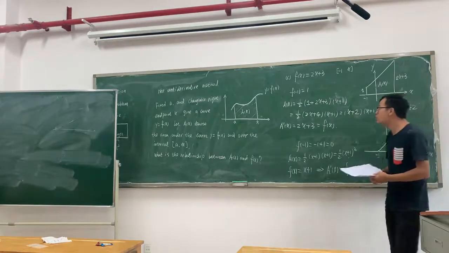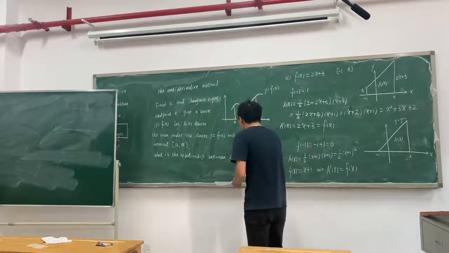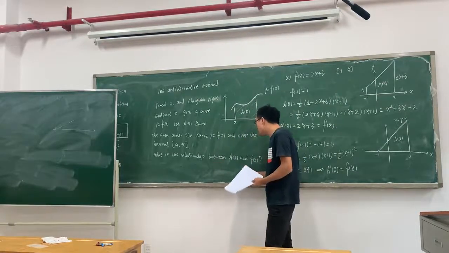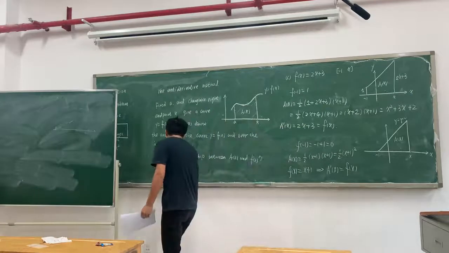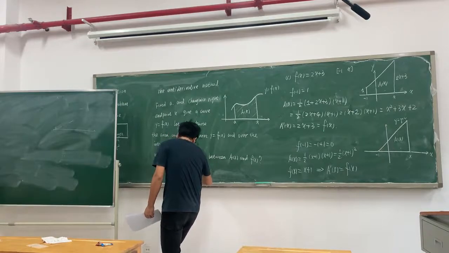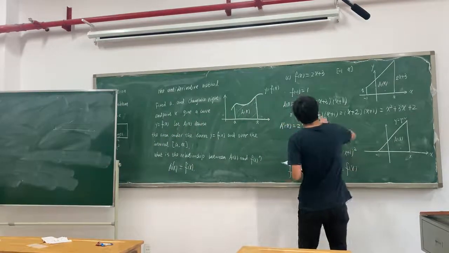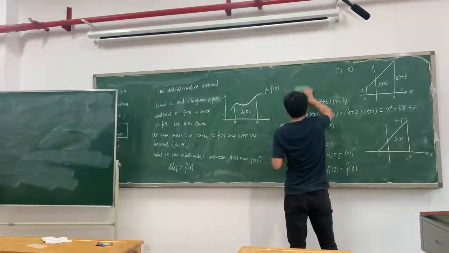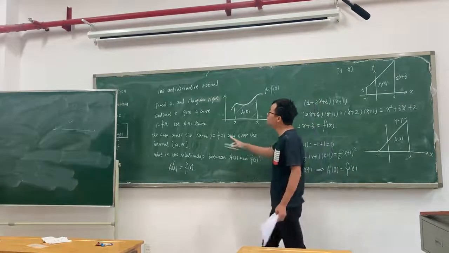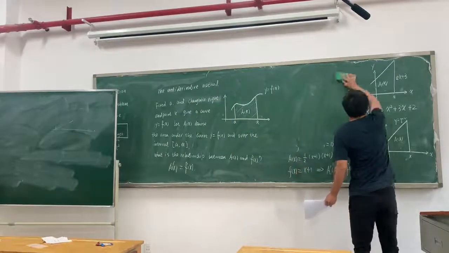So now we can answer the question: A(x) prime equal to f(x). So now we give an example to use this anti-derivative method to find the area.